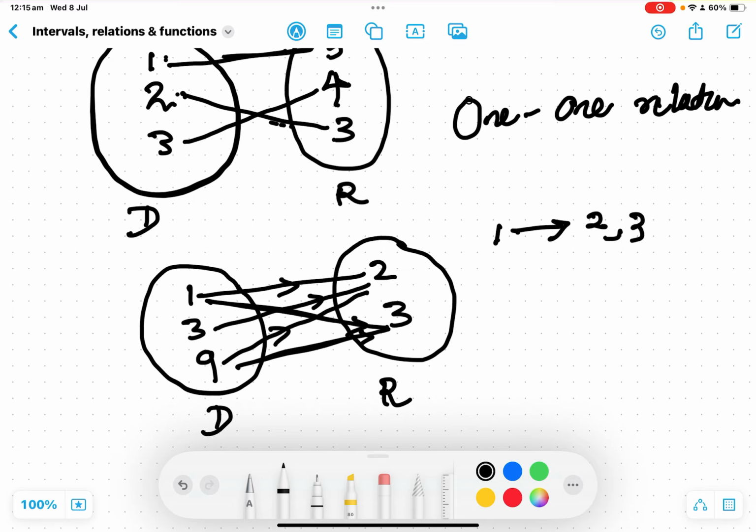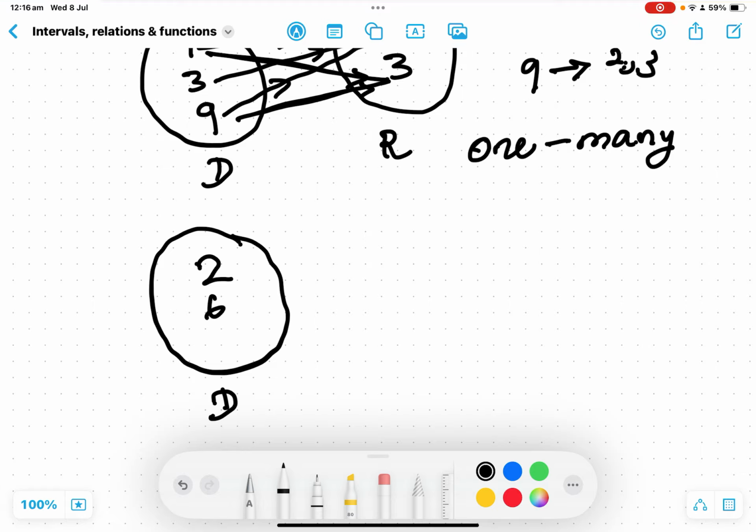Domain has 2, 6 and 9. In the range we have 5, 7 and 11.